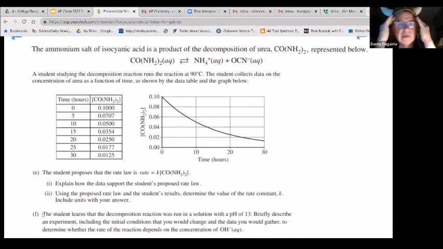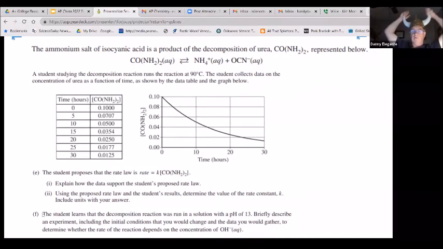All right. So explain how a student runs this reaction. Here's some data and a graph. The student proposes that the rate law is rate equals K times the concentration of urea. Oh, notice that for this one, the rate law has an exponent of 1 for the urea.